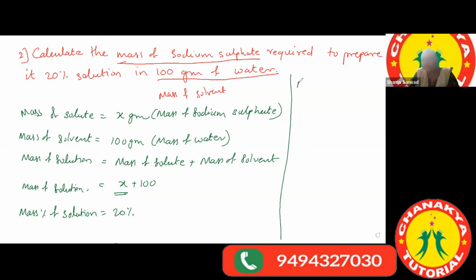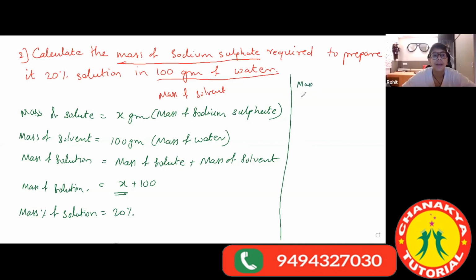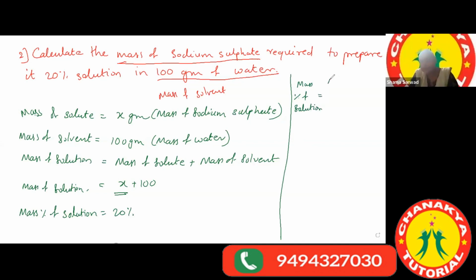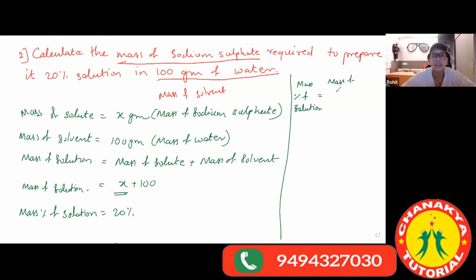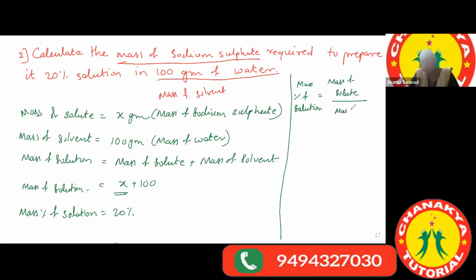Mass percentage of solution is equal to mass of solute upon mass of solution multiplied by 100. This need not be forgotten. Clear? This is a normal formula.